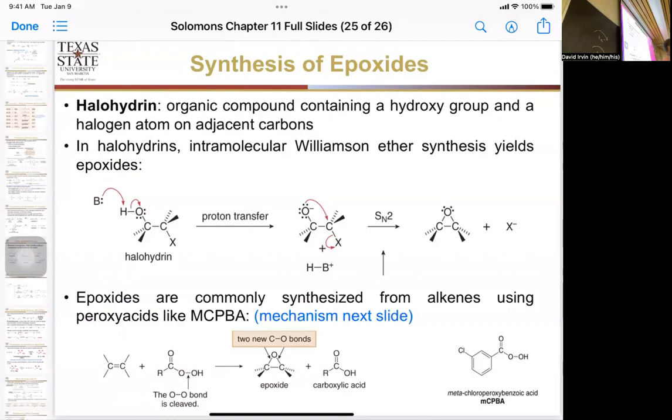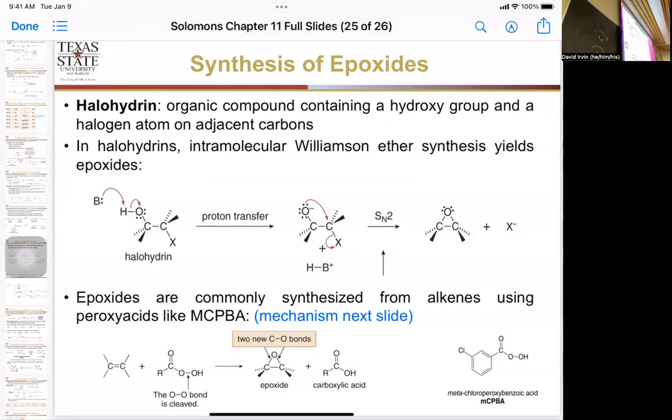Now, if you look way over to the far right lower thing, there's a structure drawn for metachloroperbenzoic acid, or MCPBA. In your homework, it's going to say MCPBA. On your exam, it's going to be MCPBA.